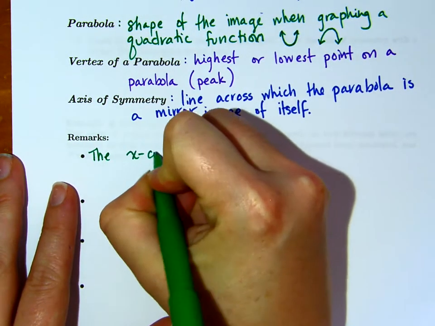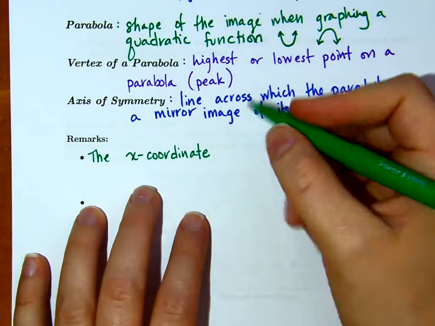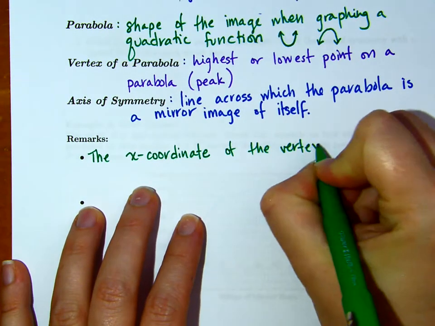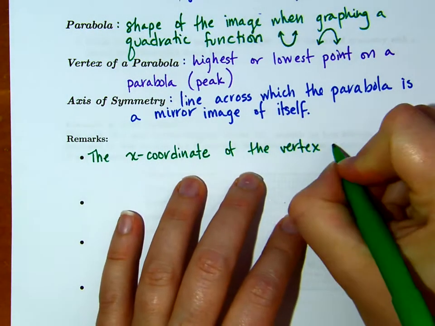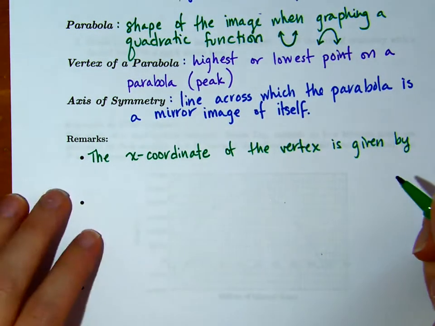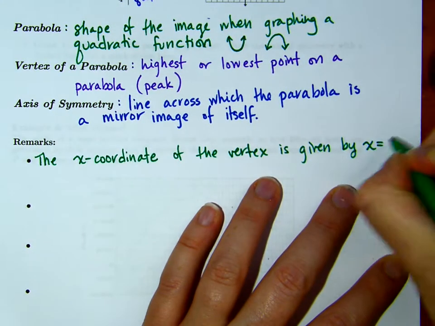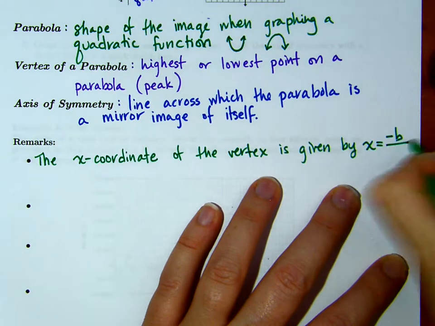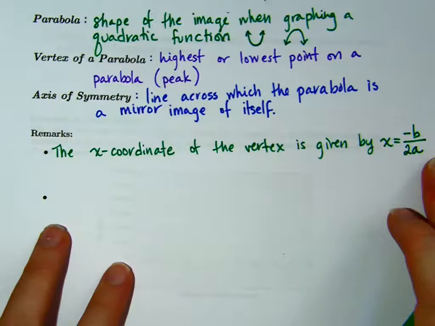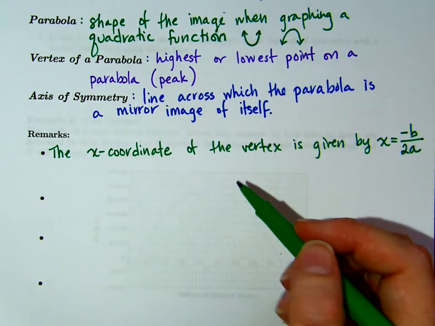The x-coordinate of the vertex is given by the formula: the opposite of b over double the a, okay, as long as the quadratic is in the general form.